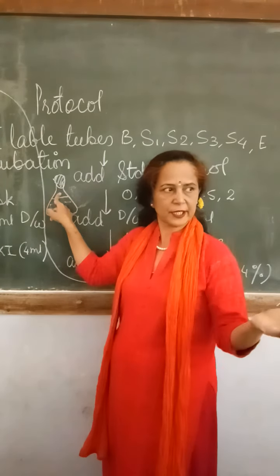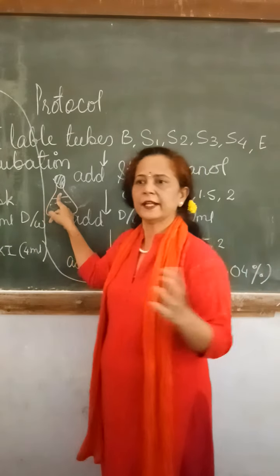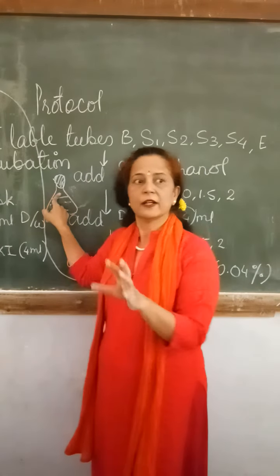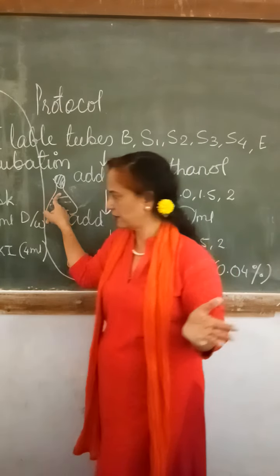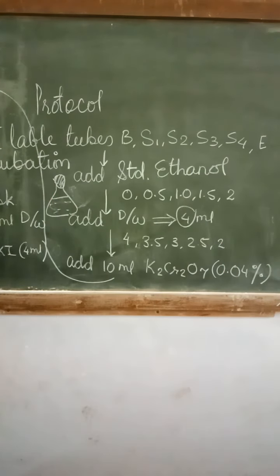Otherwise iodine will get liberated and go into the atmosphere, and the amount of iodine liberated will not be measured properly by your titrimetric method. So here you have closed the mouth of the flask after addition of KI. Then after, you shake your flask properly.